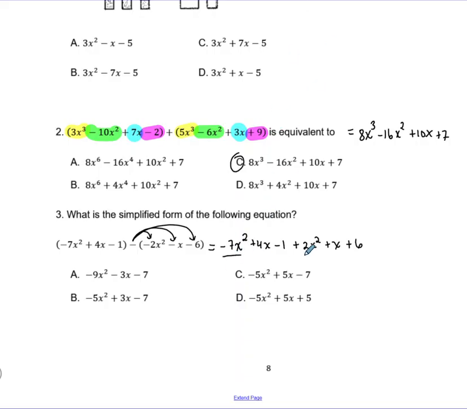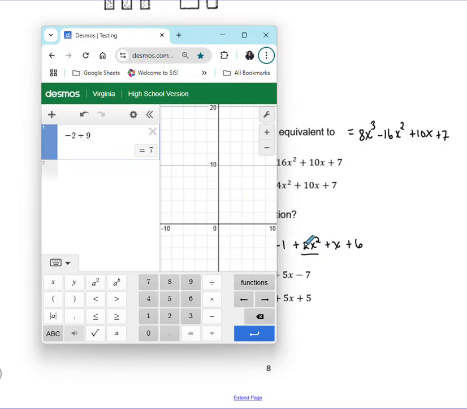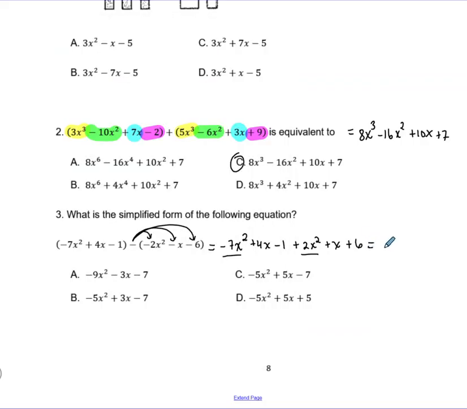Negative 7 plus 2 is negative 5, so negative 5x squared, and then 4x plus 1x is positive 5x, and then negative 1 plus 6 is positive 5. There you go.